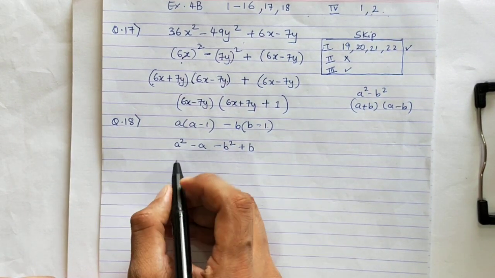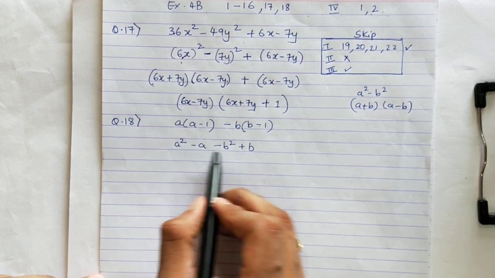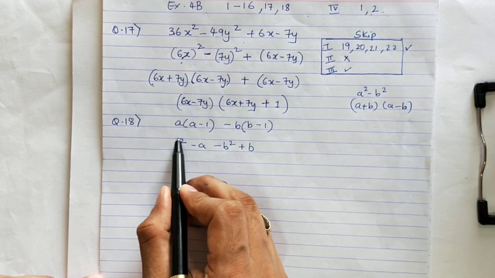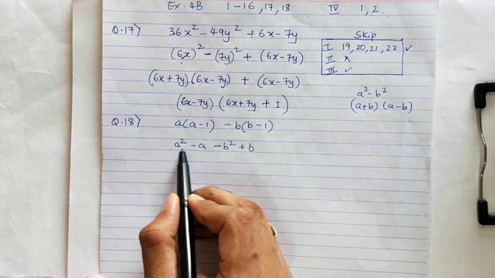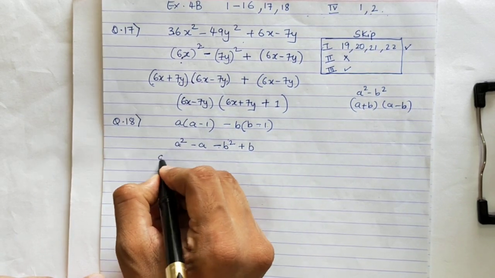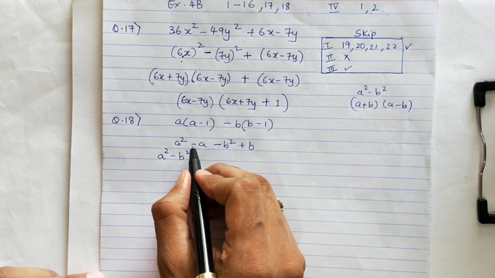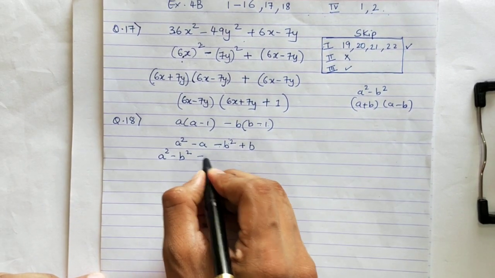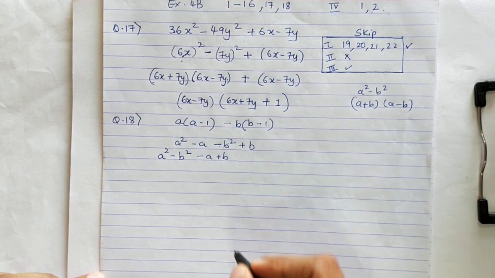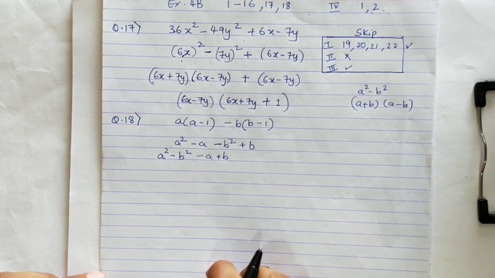Okay. Now you see, among these four terms, a square minus b square, I'll write it together. A square minus b square. And what is remaining? Minus a plus b. I'll write it separately.